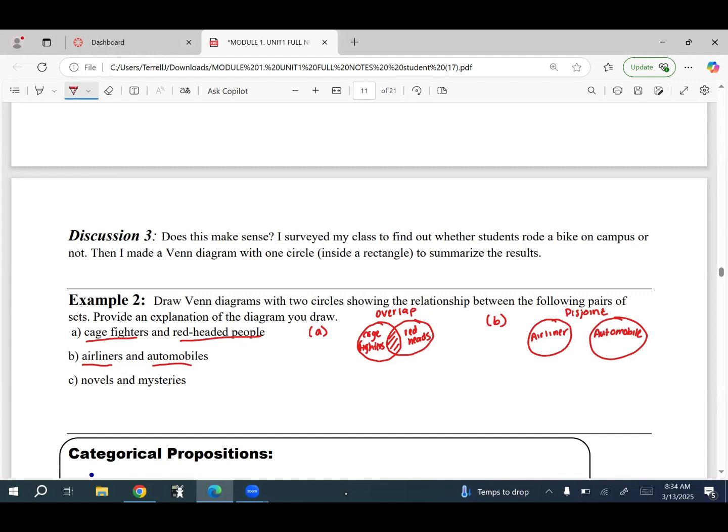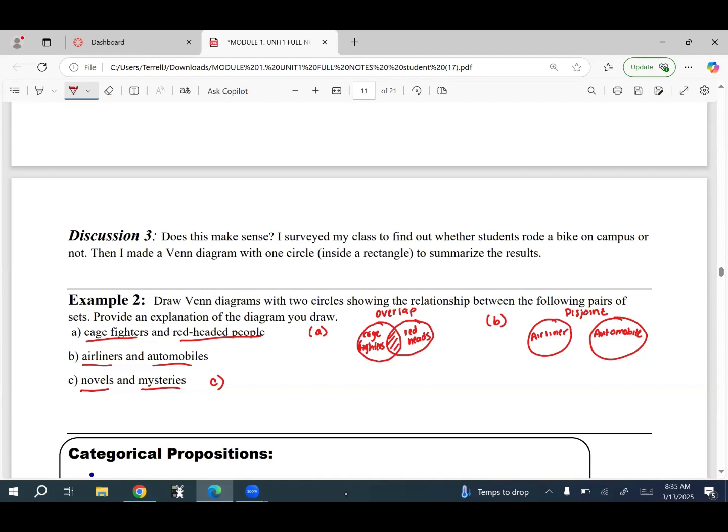Okay, and then the last one here, novels and mysteries. So again, thinking about the relationships between the 2 sets, they're not disjoint like the previous one, right? Because they do share something in common. I wouldn't call it overlap because again, thinking about these 2 sets, I'd like to say the bigger idea here is novels, right? Books.